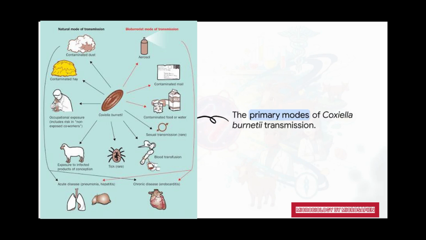We're talking cattle, sheep, and goats. Think placentas, amniotic fluid, even feces. When all that material dries out, the bacteria can get kicked up into the air and literally travel for miles on the wind. It's no wonder that veterinarians, farmers, and slaughterhouse workers are the highest risk groups. And, as you can see on the right, because it's so stable and you only need to inhale a tiny amount to get sick, it's also considered a potential agent of bioterrorism.